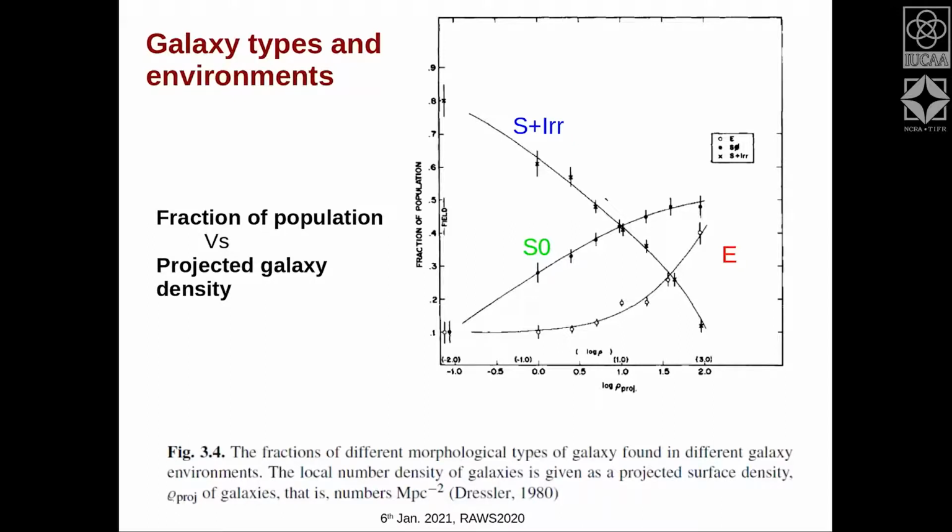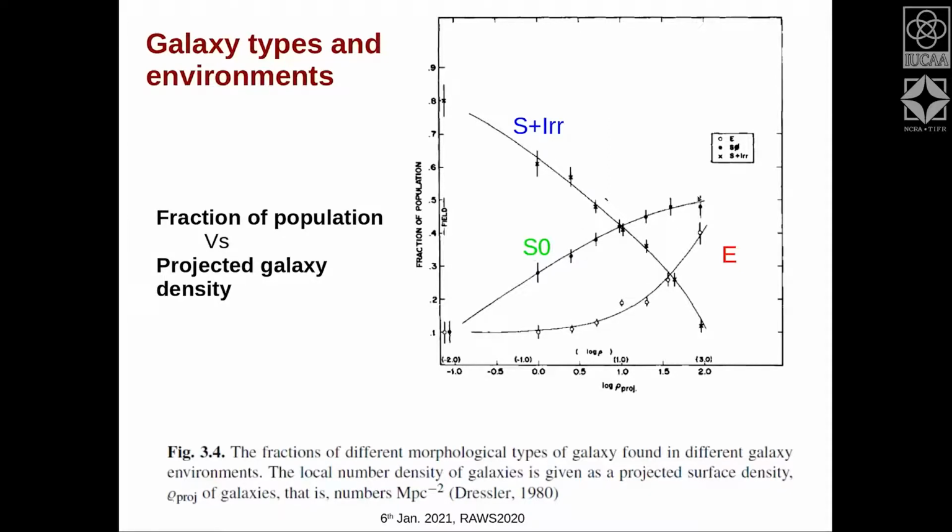One interesting thing which was studied regarding galaxies and their environments is this famous plot by Dressler. There are many revised versions of this from more recent studies, but this picture essentially remains true. What is plotted on the y-axis is the fraction of galaxy populations, and on the x-axis is the projected density. As you go to the right on the x-axis, the fraction of elliptical galaxies is rising.